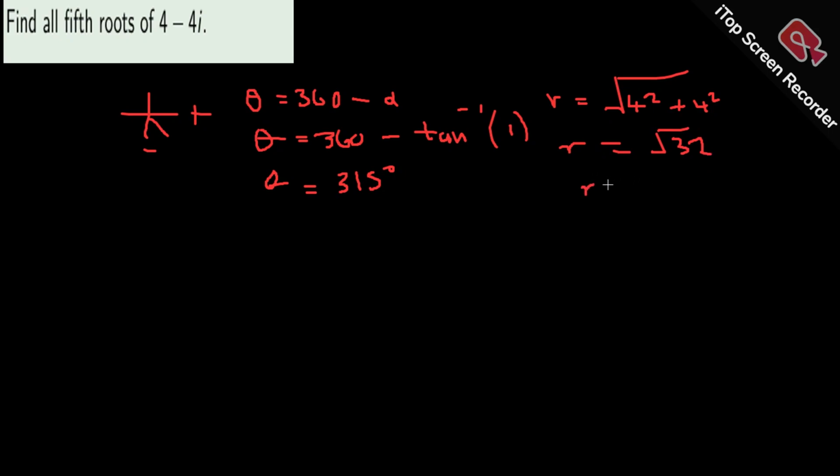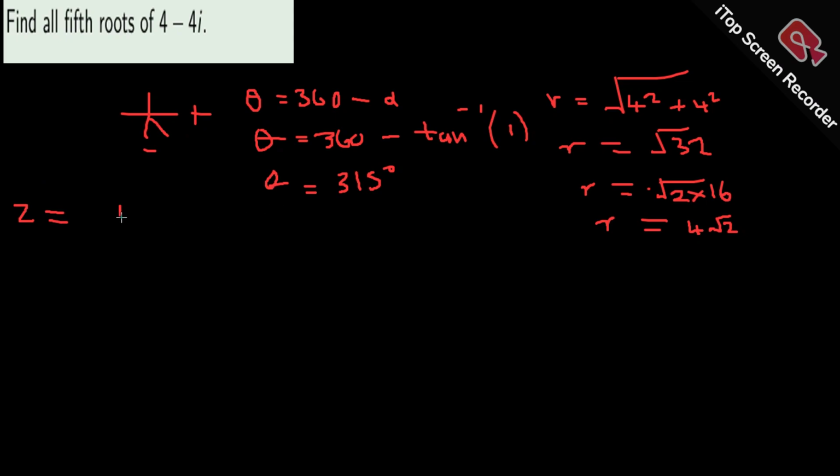Okay, which is the same as 2 multiplied by 16. And the root of 16 is 4. So this is the same as 4 root of 2. Okay, let's continue working on it. What are we going to do next? Okay, so by doing so, we have managed to find the polar form.